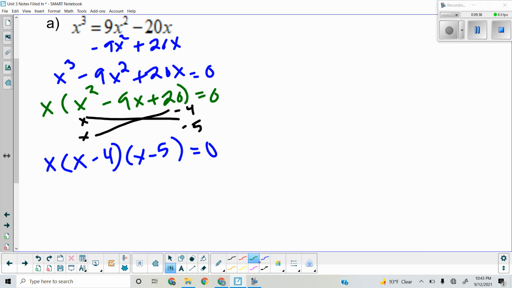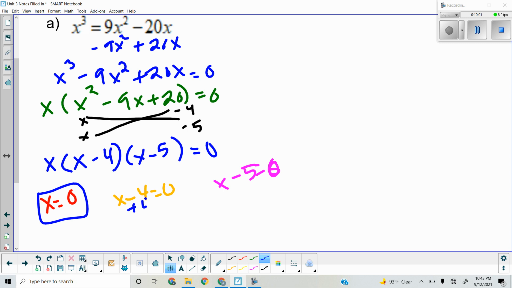So now we set those all individually equal to 0. So then x equals 0.